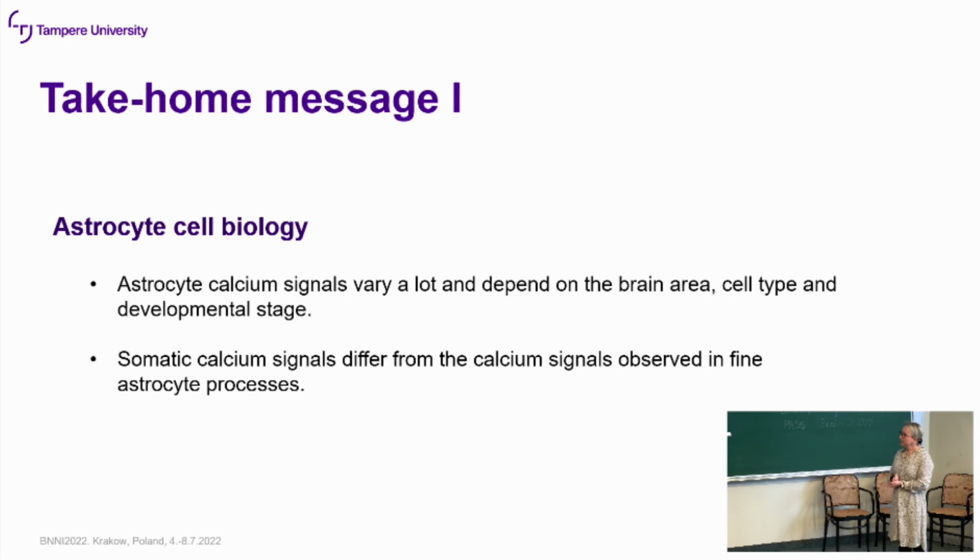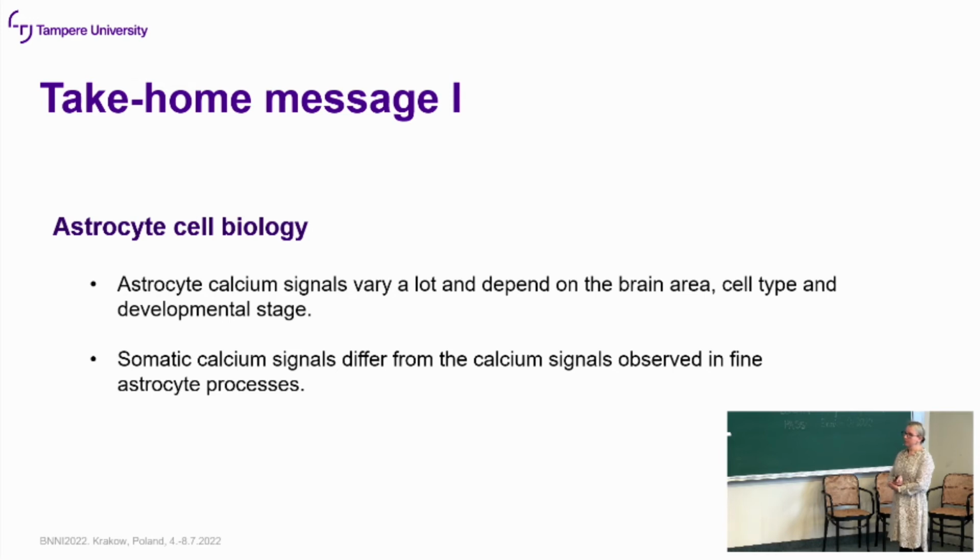In this presentation, from the astrocyte cell biology, I would like you to take home this message. Two messages actually. Astrocyte calcium signals vary a lot and depend on the brain area, cell type and developmental stage. And then somatic calcium signals differ from the calcium signals observed in fine astrocyte processes.